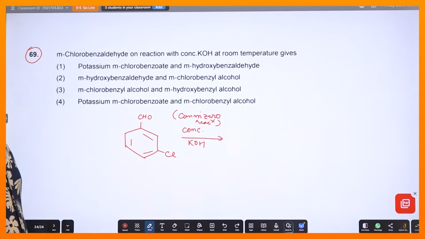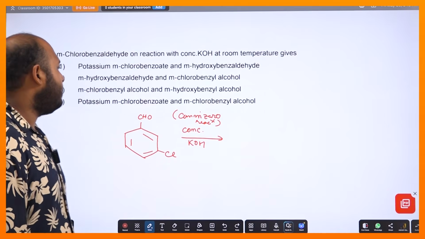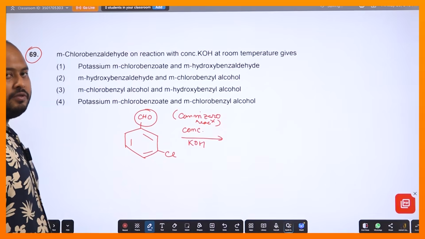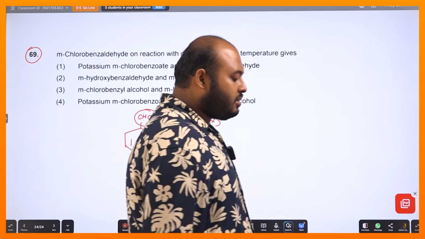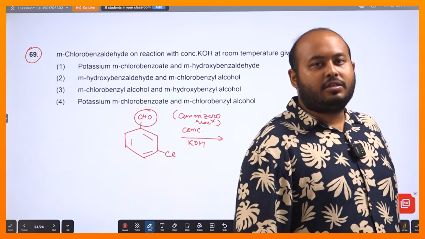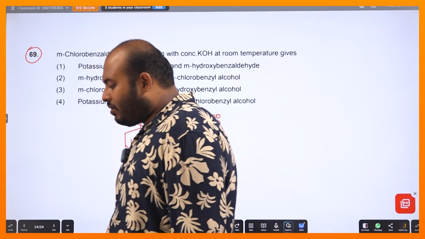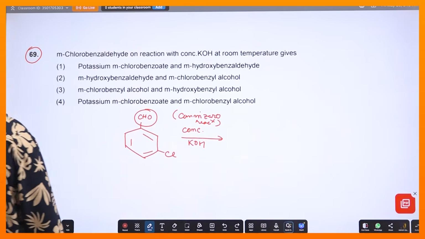So no kind of alpha hydrogen is present here. So simply Cannizzaro reaction, we know that the Cannizzaro reaction is a disproportionation reaction where one part is oxidized and the another part is reduced.